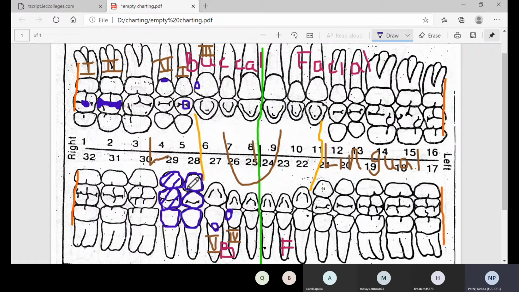But now, instead of just having crosshatch here and here, now it also has here and here, making this crown what type of crown? Gold, metal. Gold, very good. So 29 has a PFM crown, 28 has an all gold crown, okay? Good job.